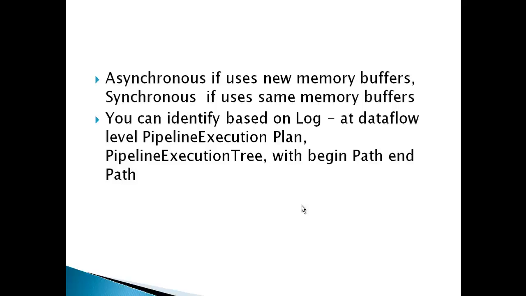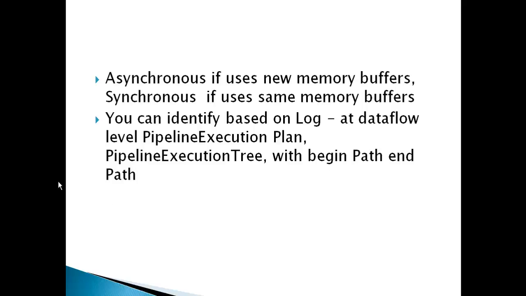We can identify whether a particular transformation is synchronous or asynchronous with the help of logging. So we can log our execution at the data flow level using the pipeline execution plan and pipeline execution tree properties. If we do this and then examine the log, we will have begin path and end path sections.